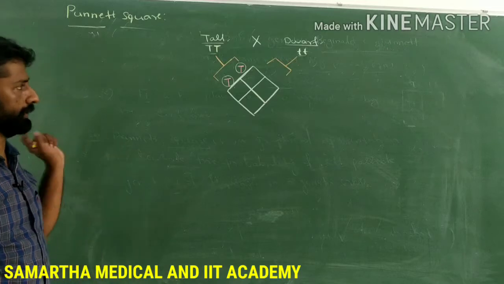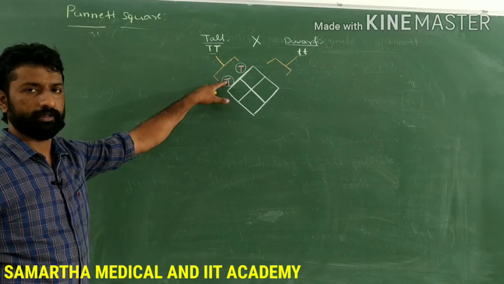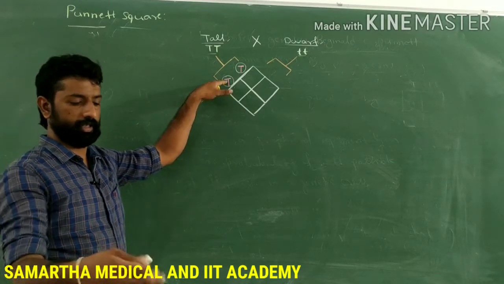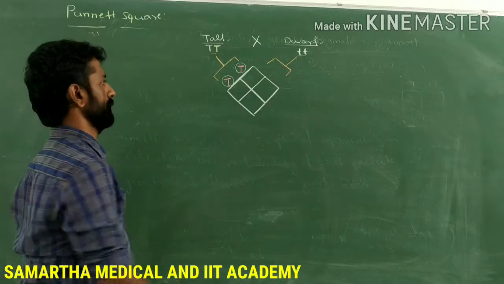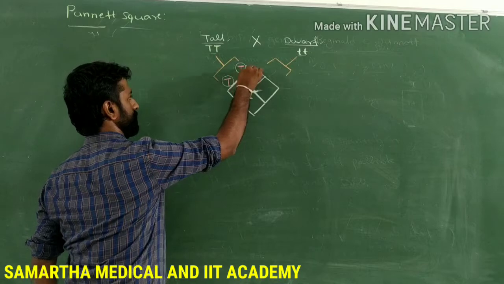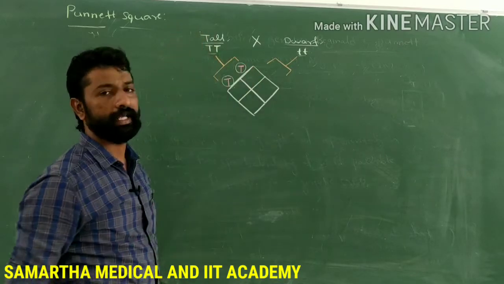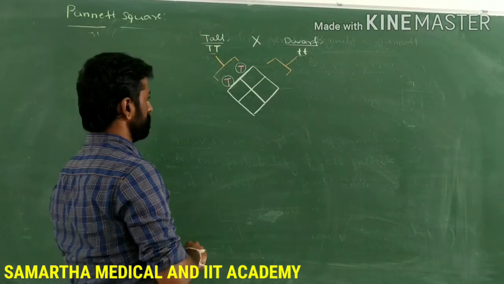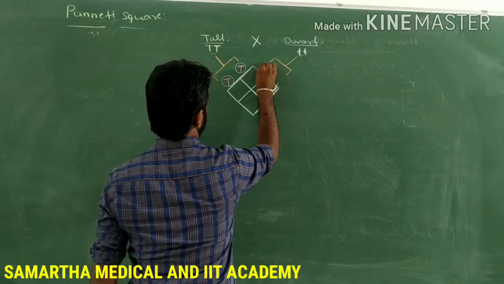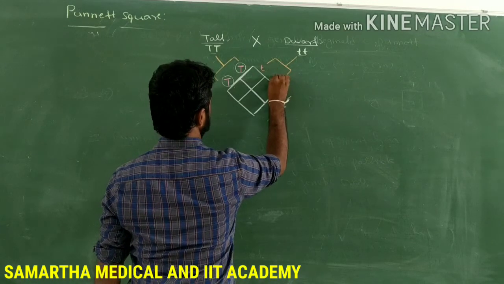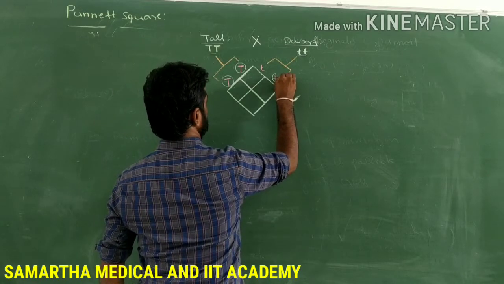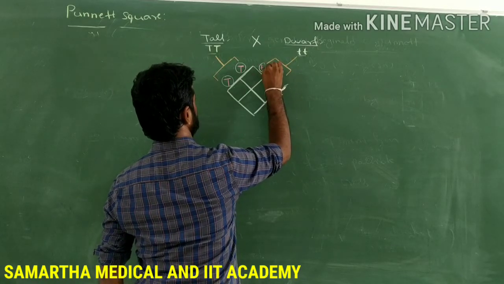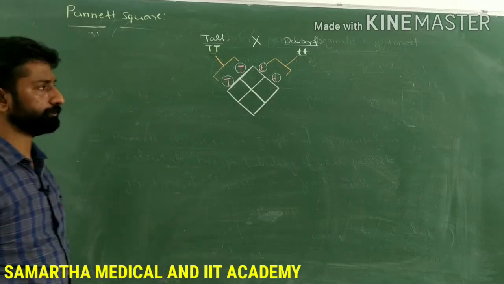If you circle any genotype, it represents a gamete. Similarly, here the small t and small t are also gametes, produced by the male parent.